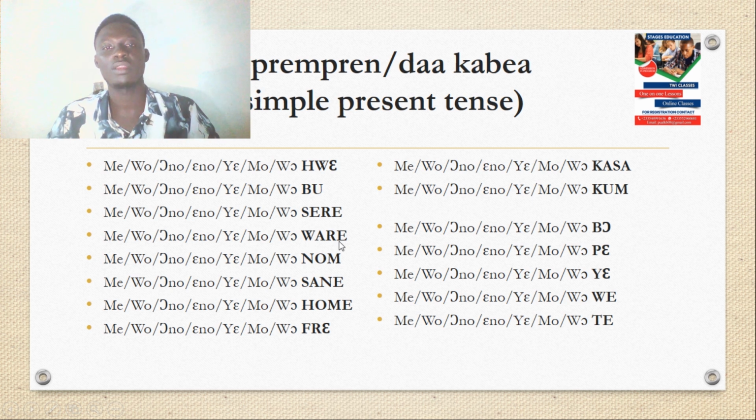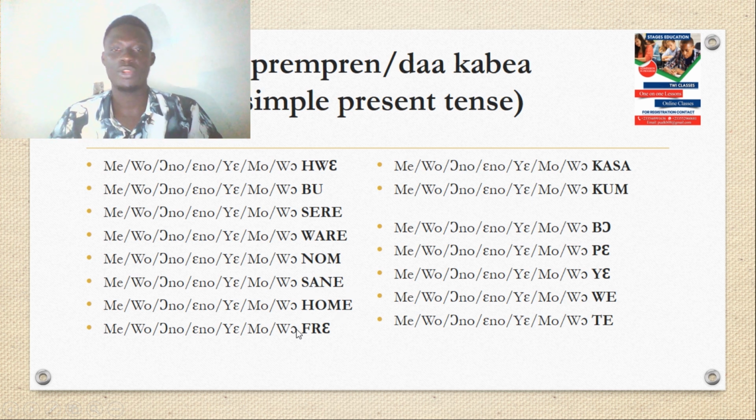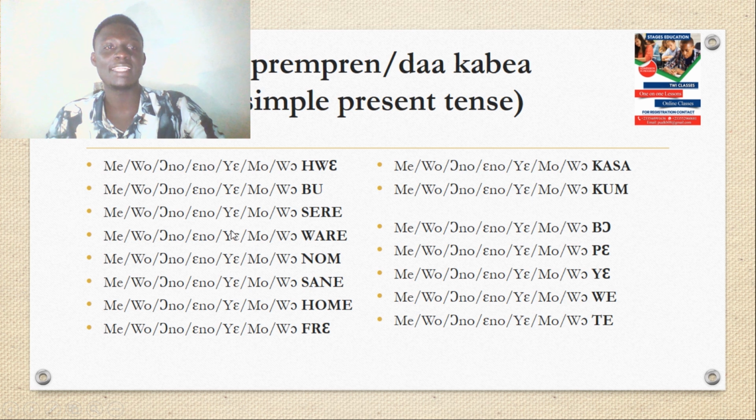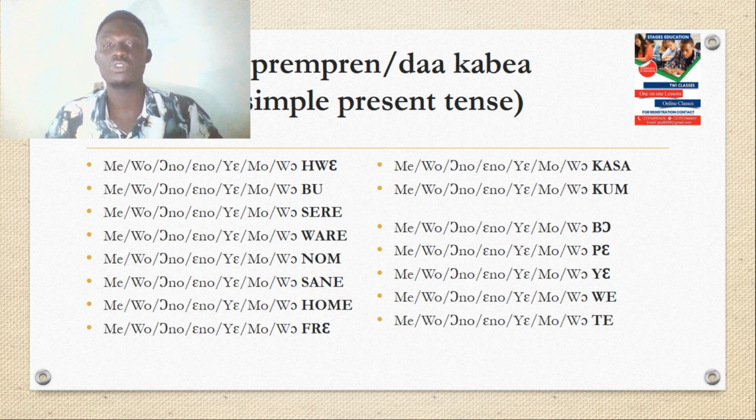This is worry, to marry. Nom, sane, home, fre, kasa, kum, bo, pe, ye, re, te. So those are the verbs here. So try adding the pronouns to the verb, taking into consideration all the laws and principles we applied in the earlier example with di. So try that one and let me have your feedback.